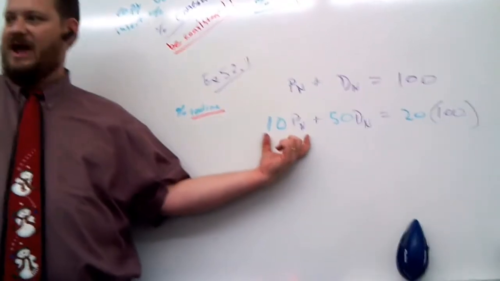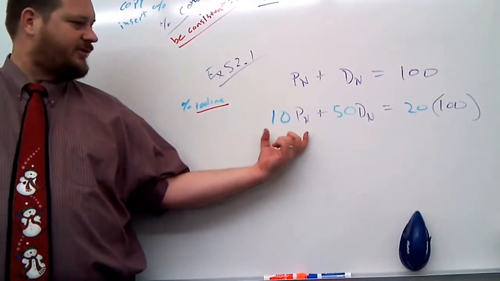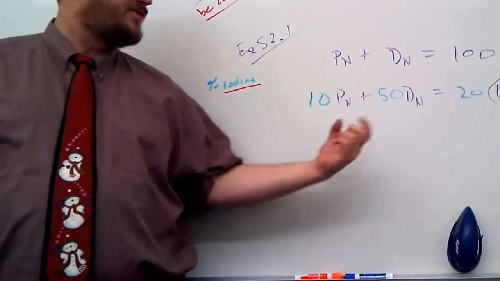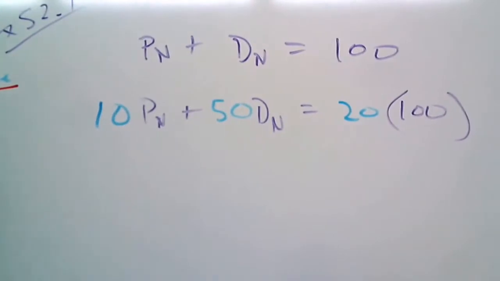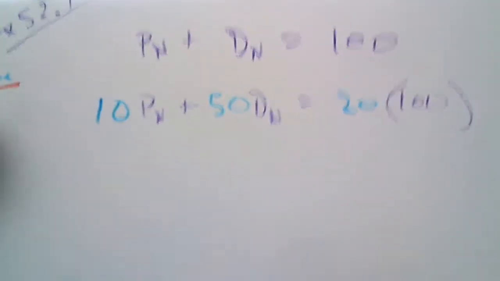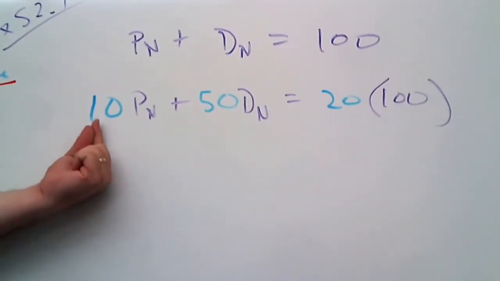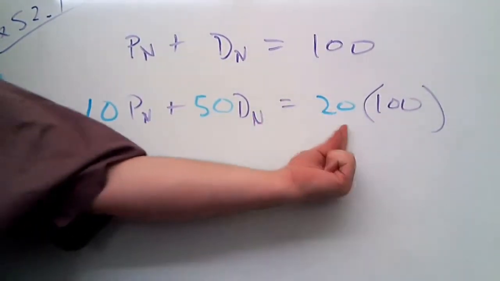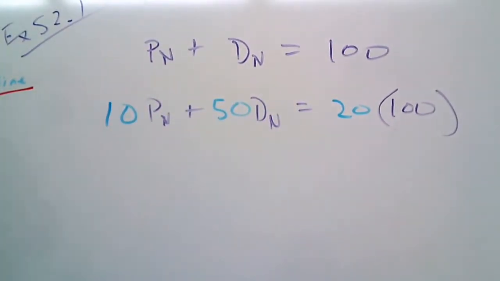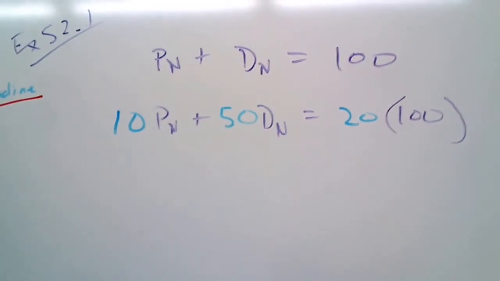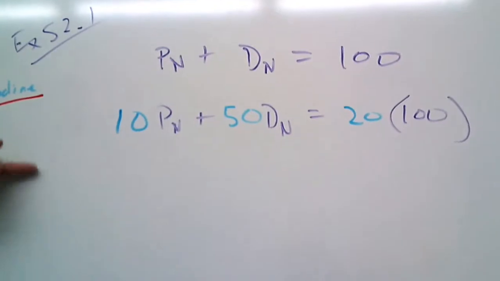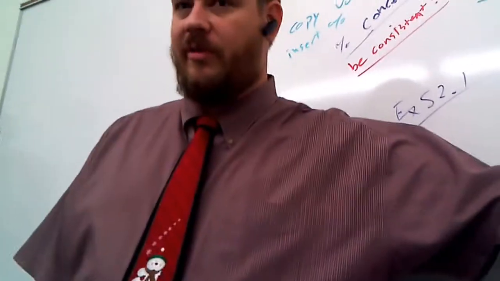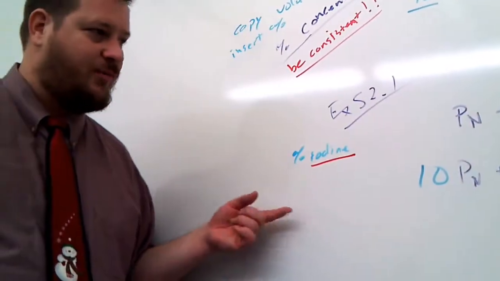If Patrick is 10% iodine, I'd better not talk about Diana being a certain percentage of water. Because you have to be consistent. If we're talking about percentage of iodine here, then we better talk about percent iodine here and here. One of the points that the book makes is you can work it either way. You can do it as percent iodine as long as you're consistent all the way across, or you can do it as percent water as long as you're consistent all the way across.